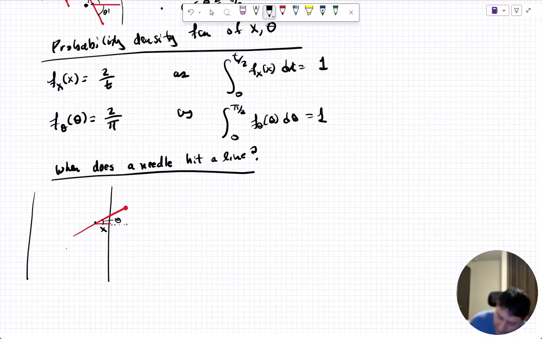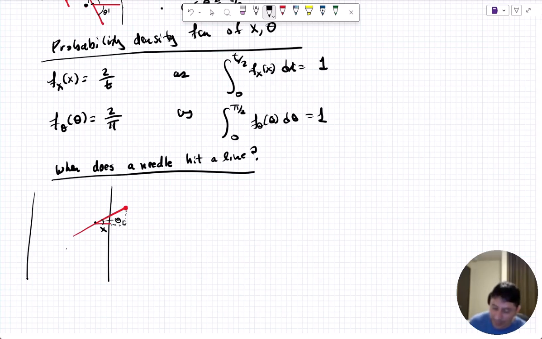And you see what's going to happen is that this x, since the needle hit this vertical line on the right side, the needle will go over the vertical line, and this triangle, which is a right triangle, will have some part of it missing, because x won't be able to complete it.